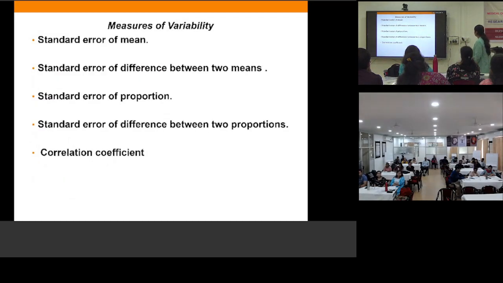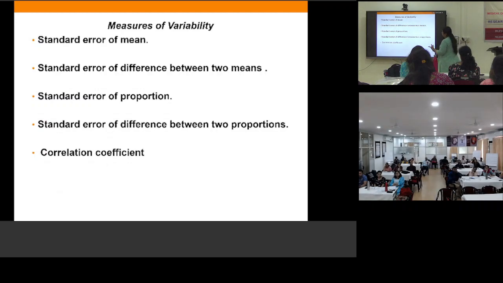Another thing, we'll take it in detail tomorrow, I think: standard error. These are also measures of variability. They are standard error of mean, most commonly, standard error of difference between two means, standard error of proportion, standard error of difference between two proportions, and correlation coefficient.